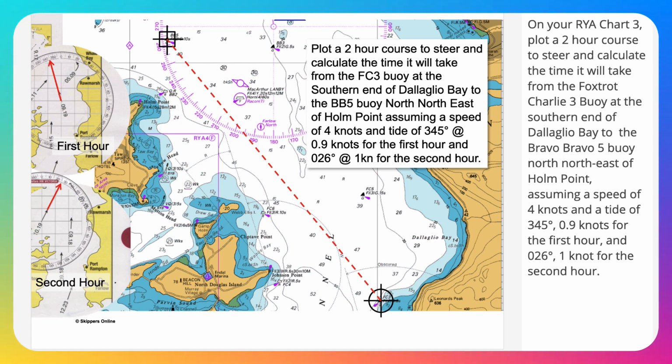On your RYA chart 3, plot a 2-hour course to steer and calculate the time it will take from the Foxtrot Charlie 3 buoy at the southern end of Dalaglio Bay to the Bravo Bravo 5 buoy north-northeast of Holme Point, assuming a speed of 4 knots and a tide of 345 degrees 0.9 knots for the first hour and 026 degrees 1 knot for the second hour.